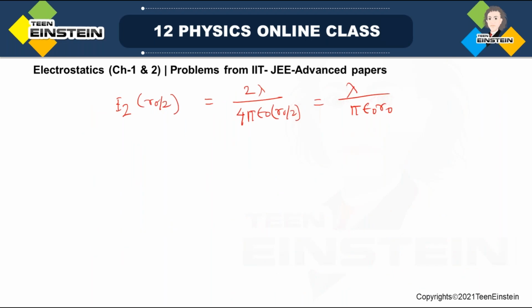And E3 at r0 by 2 has the same value, sigma by 2 epsilon naught.